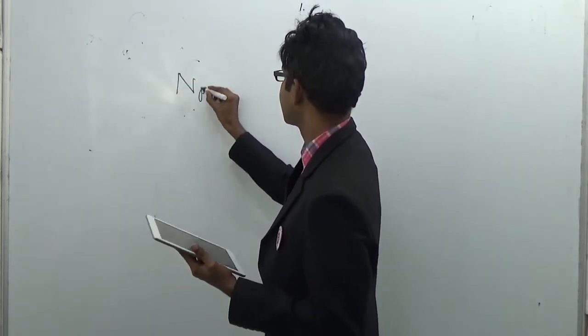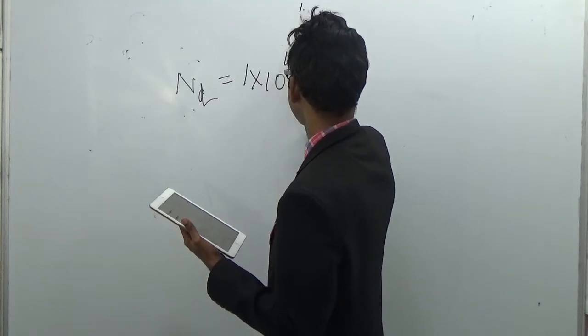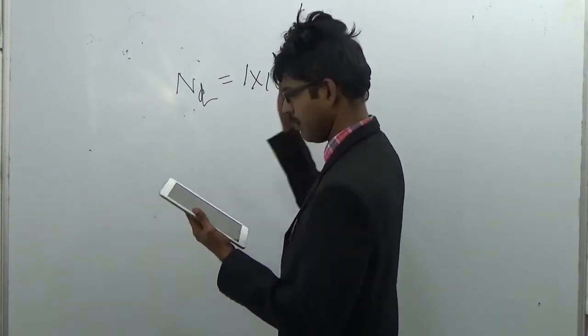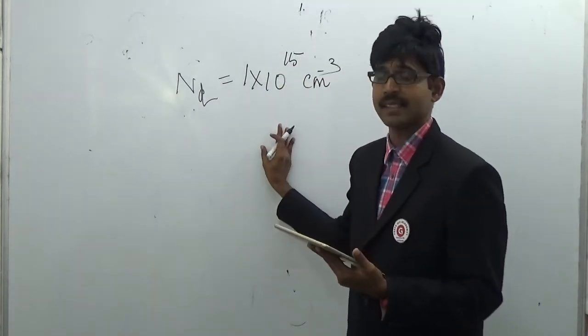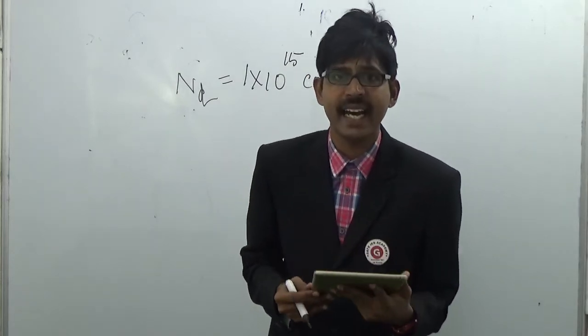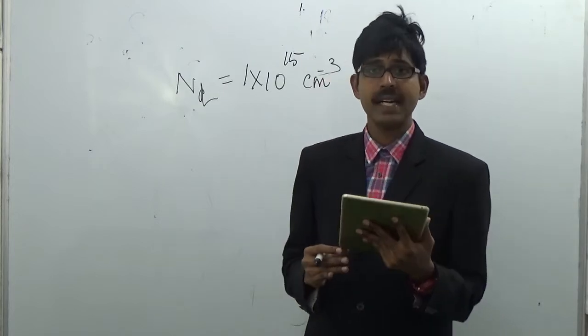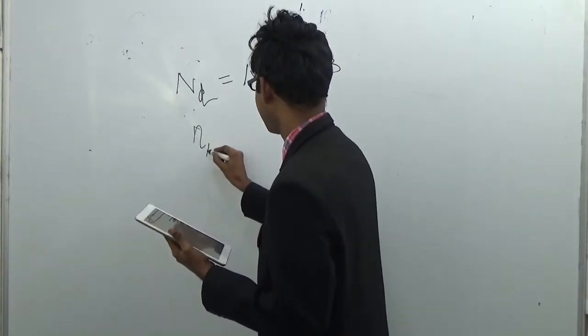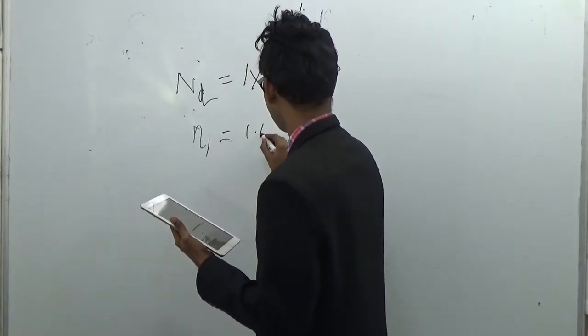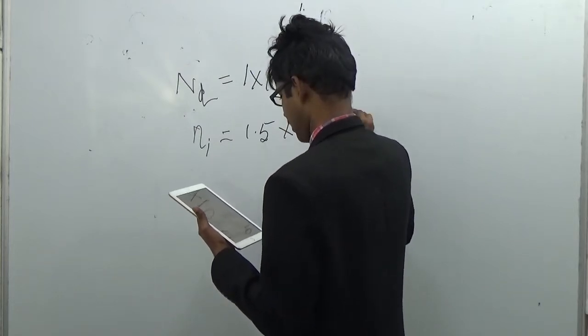So Nd is given, donor atoms. Assume that the intrinsic concentration Ni is 1.5 times 10 to the power 10 per centimeter cube. So here Ni is given.